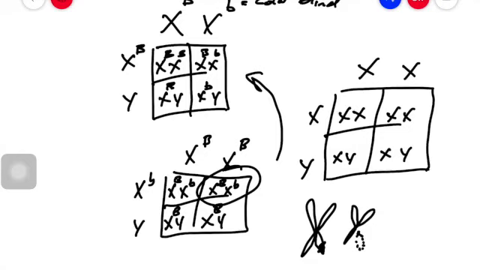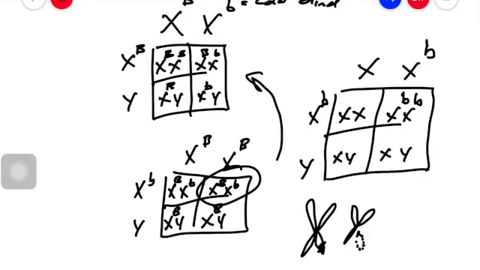In this scenario that we're working on, we want to have a colorblind girl. What does it take to have a colorblind girl, to have bb? If this is the case, it automatically means that the man must be colorblind. It also means that the woman has to be at least a carrier.